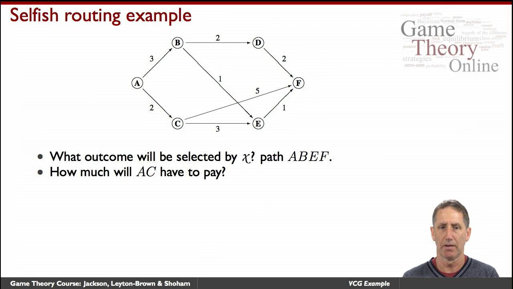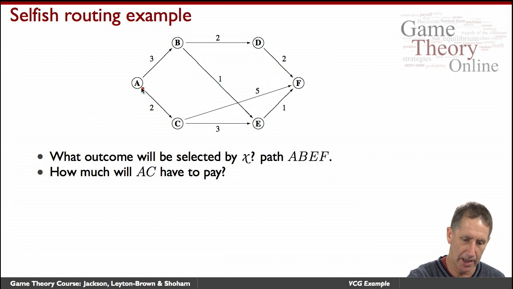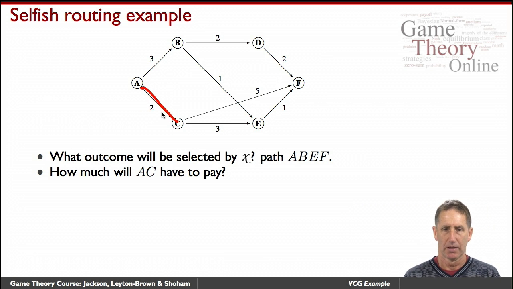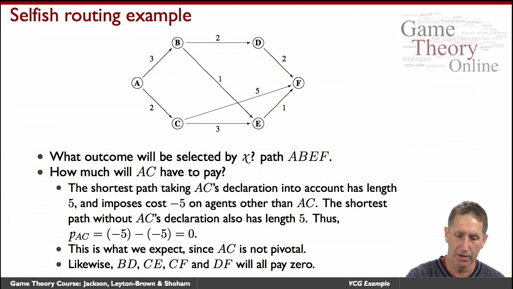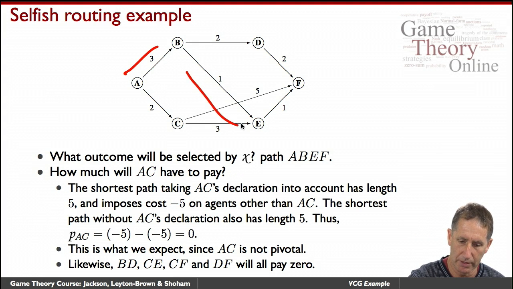Now, according to VCG, how much would the owner of the link AF pay? Well, intuitively, he's not part of the path, so we shouldn't have to pay or receive anything. Let's see what VCG says. So the shortest path, with AC's declaration of what their cost is, 5, right? And so the cost to all the agents is that shortest path, totaling 5.